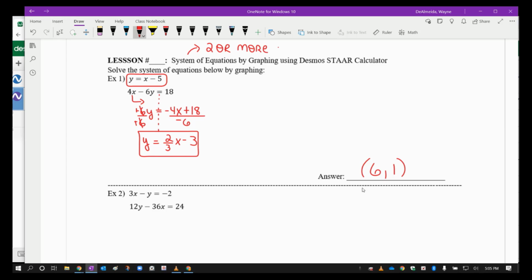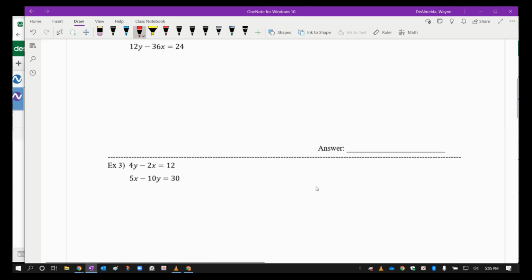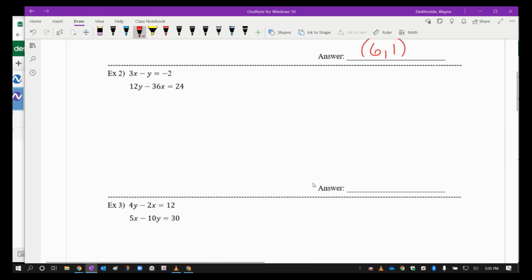Very well. Let's go on to example number 2. Remember, we need to have the y alone. So we're going to move this equation to the side so we can have space underneath, and we're going to make some modifications so the y will be alone. To do that, we're going to move the 3x to the other side. So negative y comes down, the 3x goes over as negative 3x, and the negative 2 comes down as negative 2.